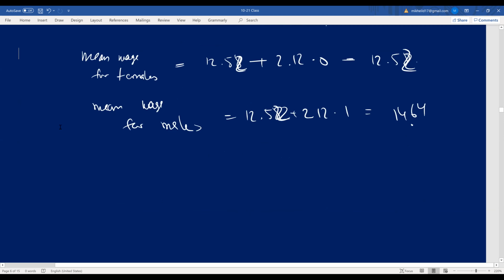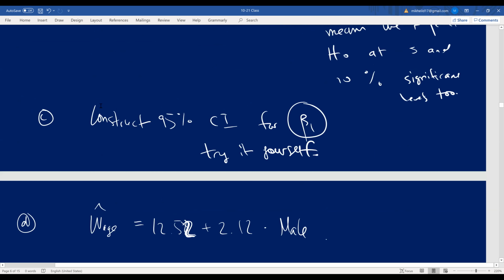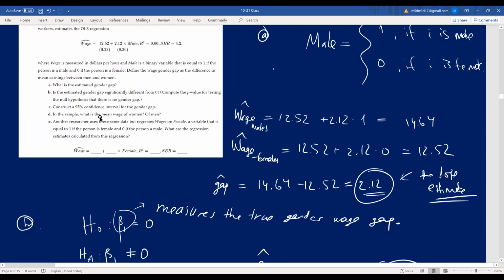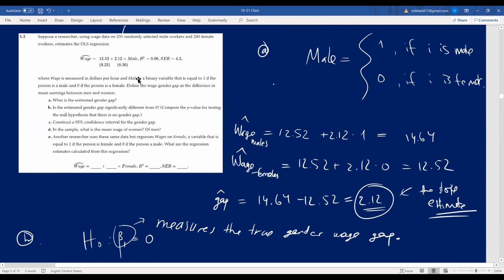And the last part of this question is more interesting. They want us to rewrite this model so that as the independent variable, instead of male, we have female.